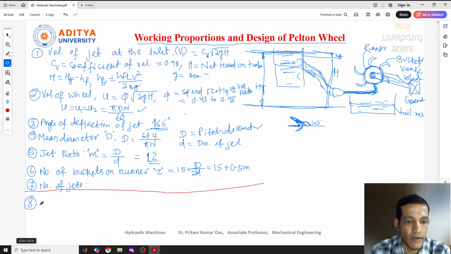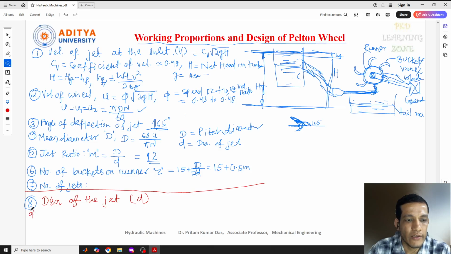The first one, we need to identify the diameter of the jet. If the values are given, there is no issue. If it is not given, then to design this Pelton turbine we require these values. First one is diameter of jet, which I told you, that is small d.